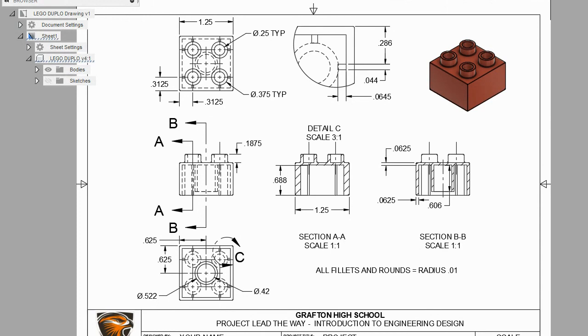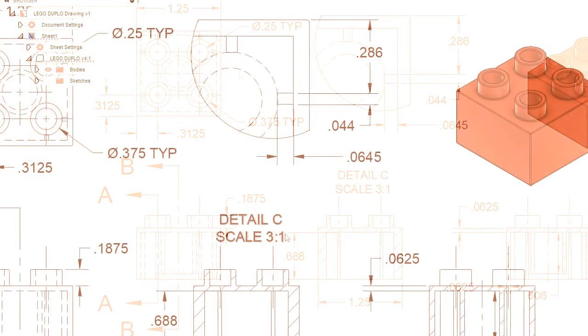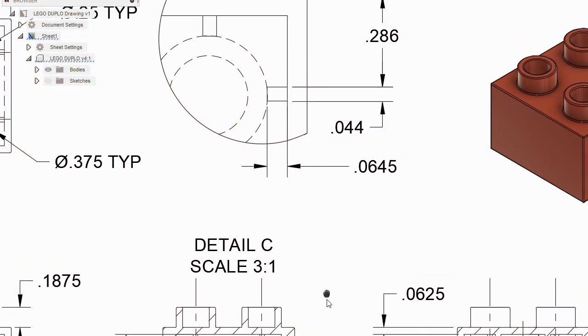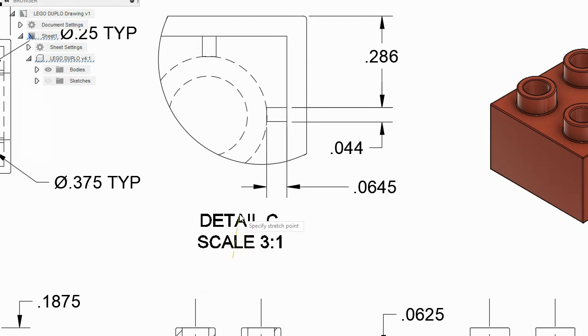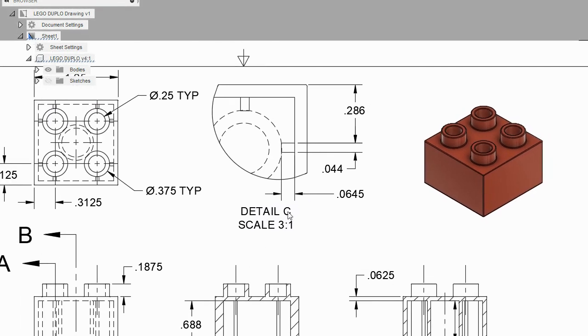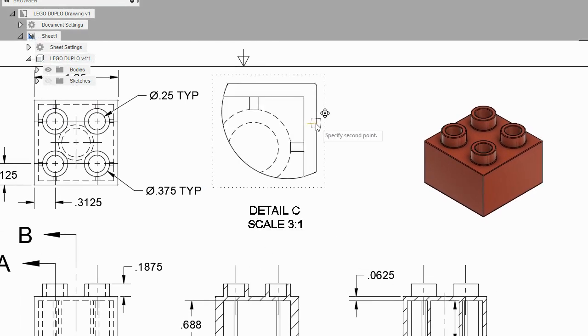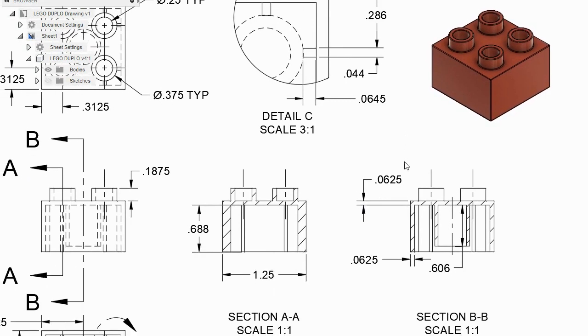Before you complete your title block, go around and make sure things aren't too cluttered. If there's things that you feel are too close together or represent a different view, simply click and drag text and dimensions closer or away from each other.